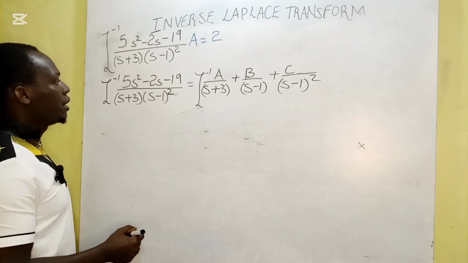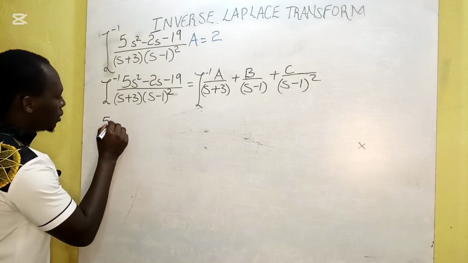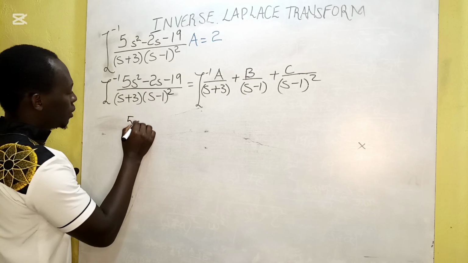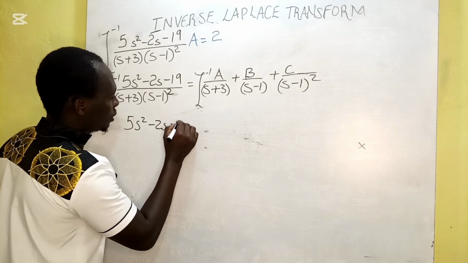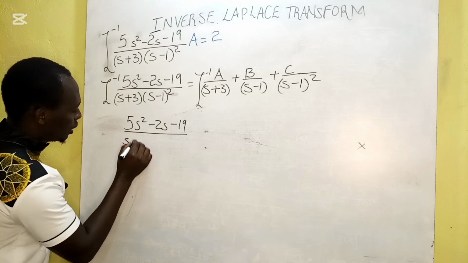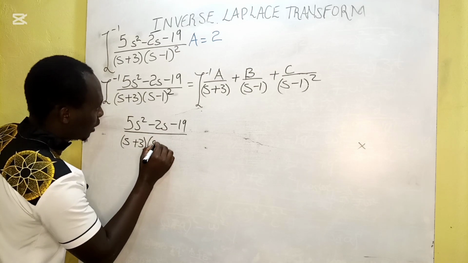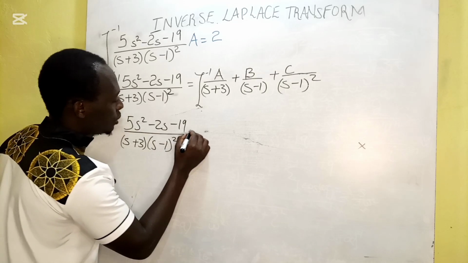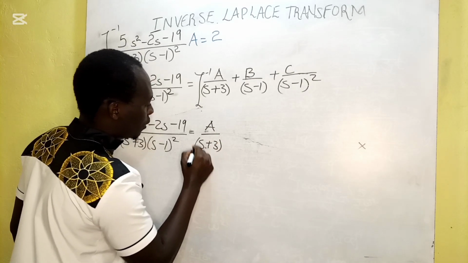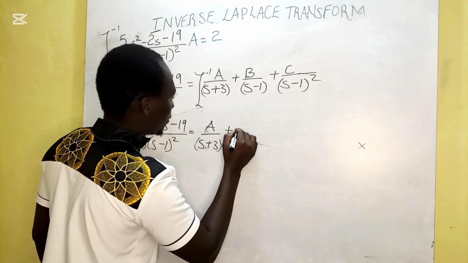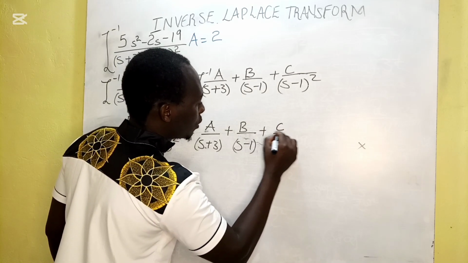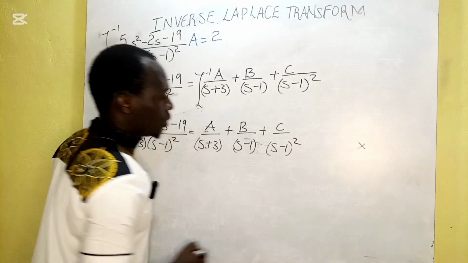Let us now get the value of B. We have (5s² − 2s − 19) all over (s + 3)(s − 1)² equal to A all over (s + 3), plus B all over (s − 1), plus C all over (s − 1)².